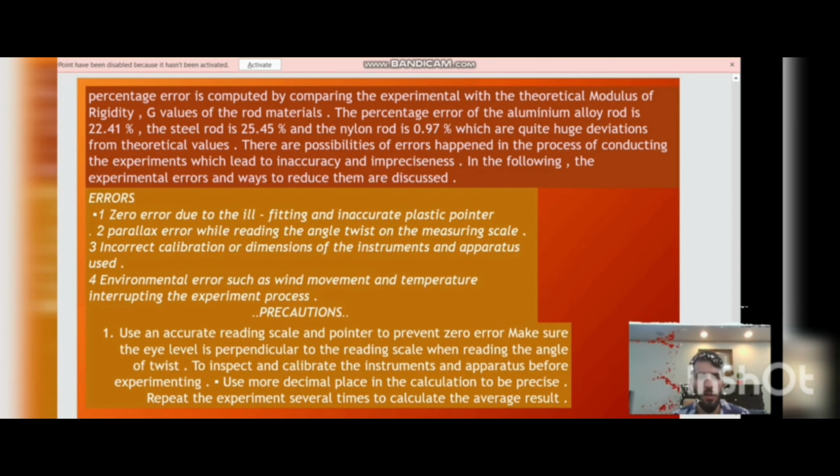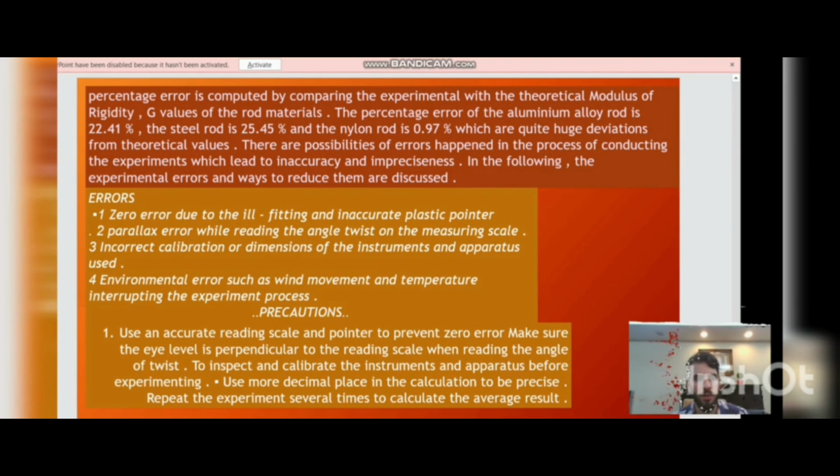Number 1, zero errors due to the fitting, and an incurred plastic pointer to parallax error while reading the angle of twist on the measuring scale.